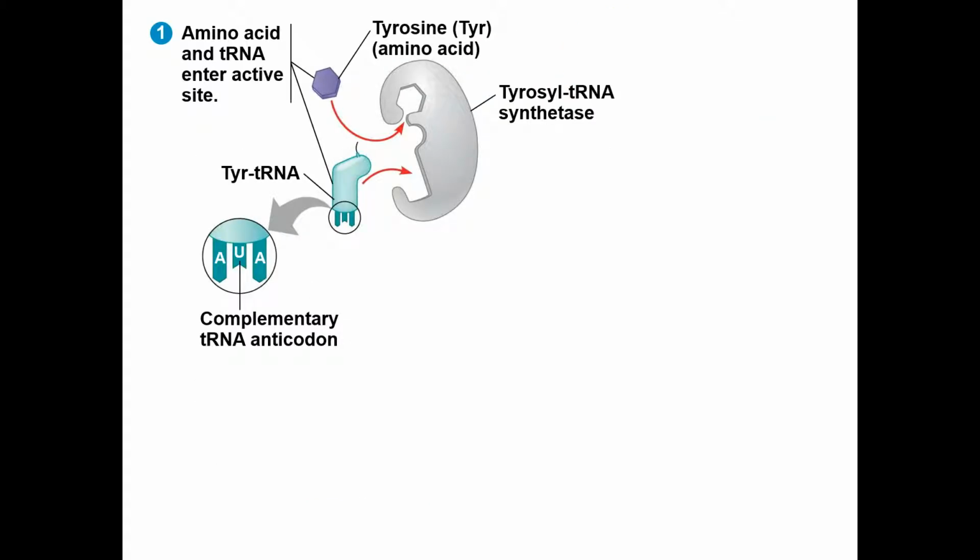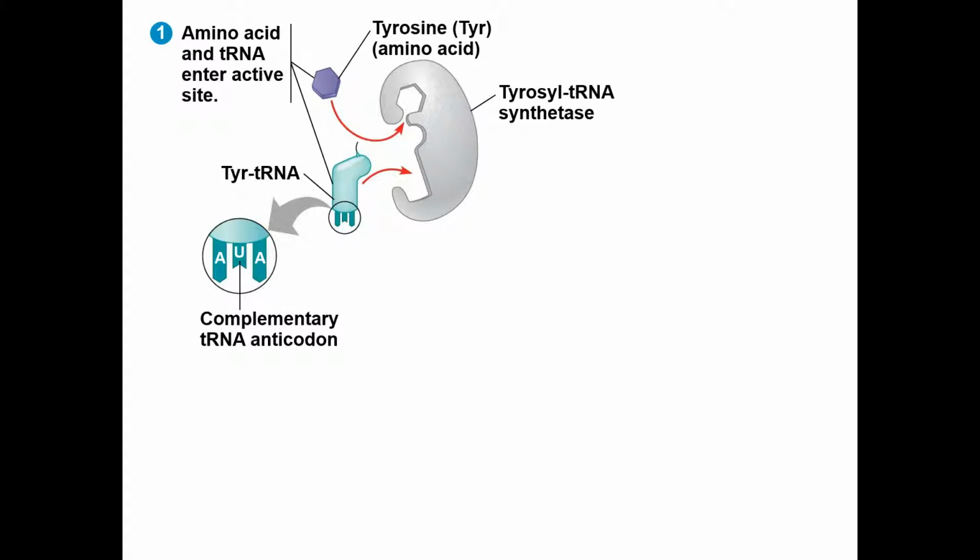So here you have the tRNA molecule. This is a tyrosine tRNA molecule. Notice that this specific tRNA molecule has an anticodon sequence of AUA, and this tRNA molecule will bind to the enzyme tyrosyl tRNA synthetase.